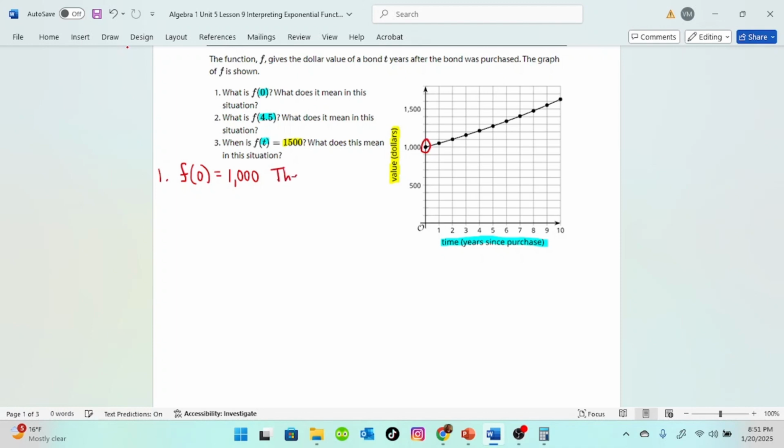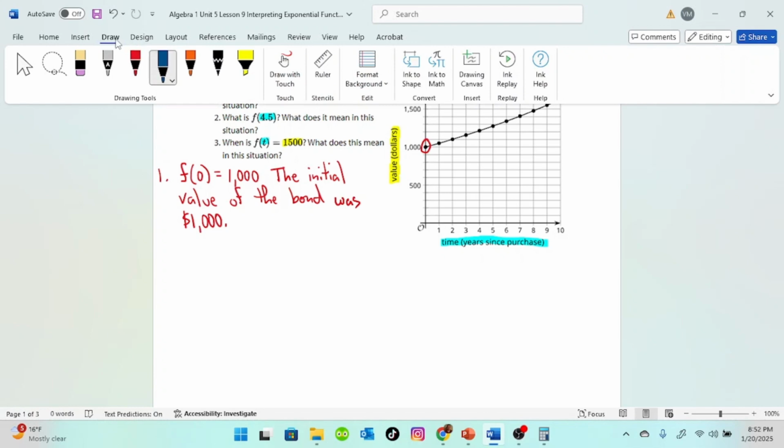So we can say the initial value of the bond was $1,000. And that's how we answer question number 1.